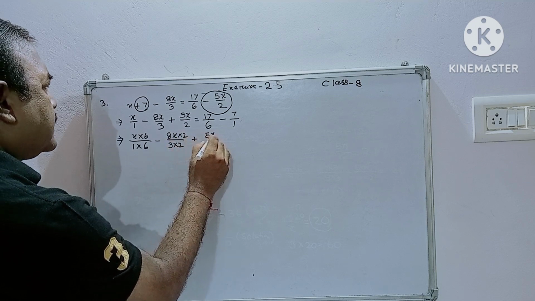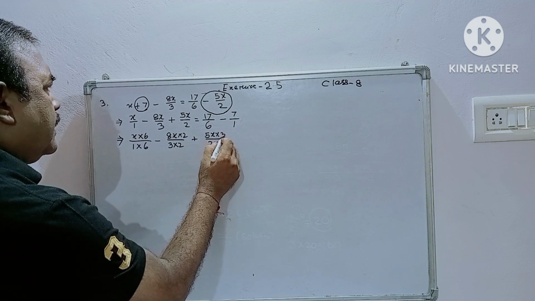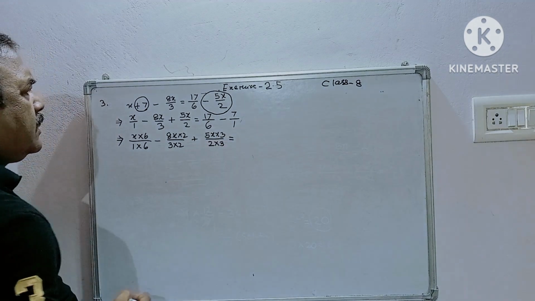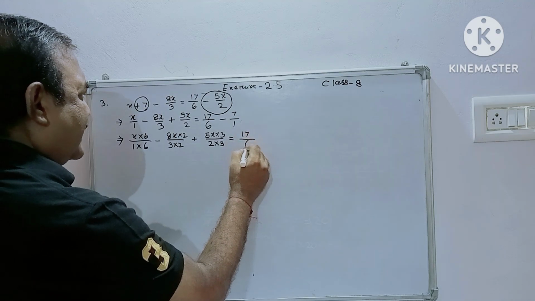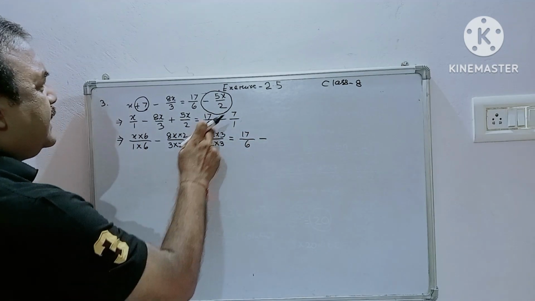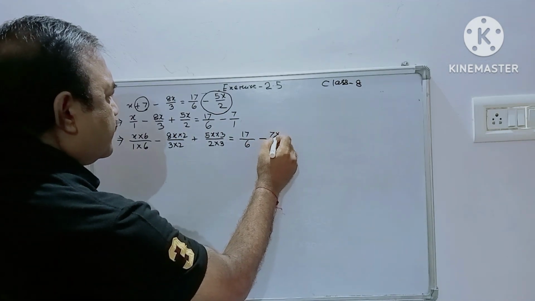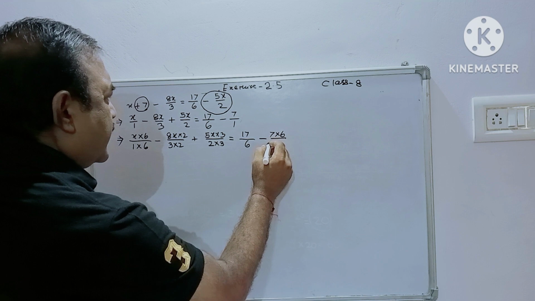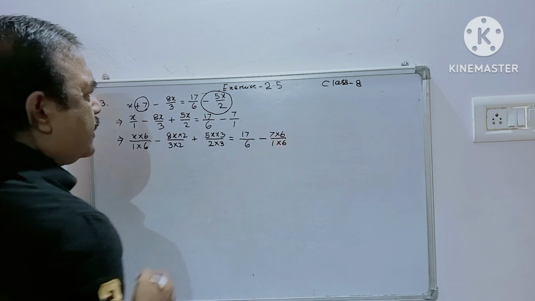Plus 5x upon 2, multiply 3 to the denominator and 3 to the numerator. So that is equal to 17 upon 6 minus, LCM of 6 and 1 is 6. So where it is 1, we will have to convert it to 6.